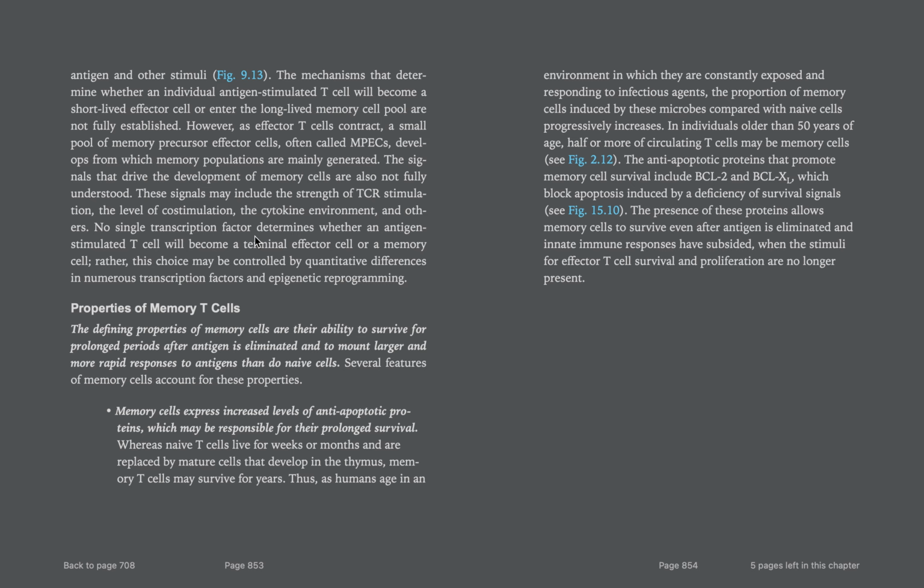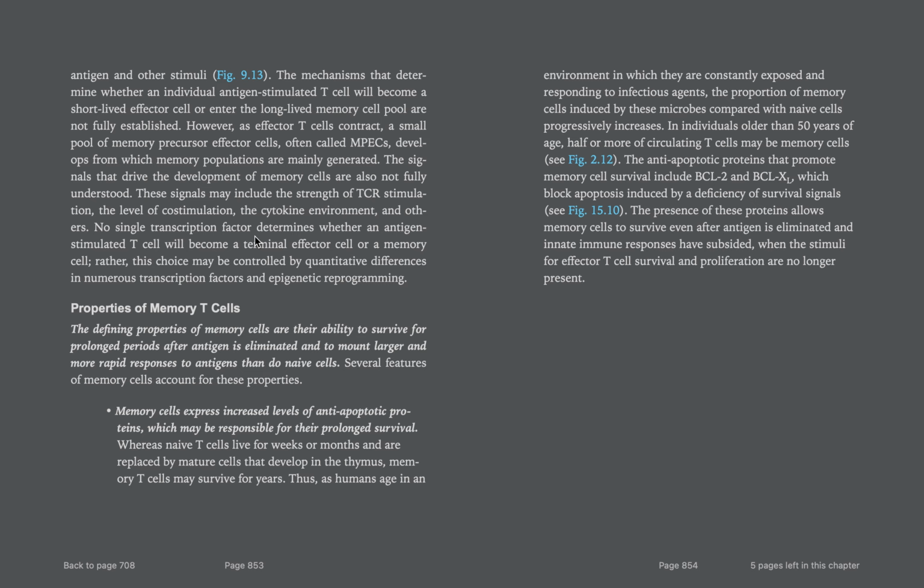The defined properties of memory cells are their ability to survive for prolonged periods after antigen is eliminated and to mount larger and more rapid responses to antigen than do naive T cells. Several features of memory cells account for these properties.